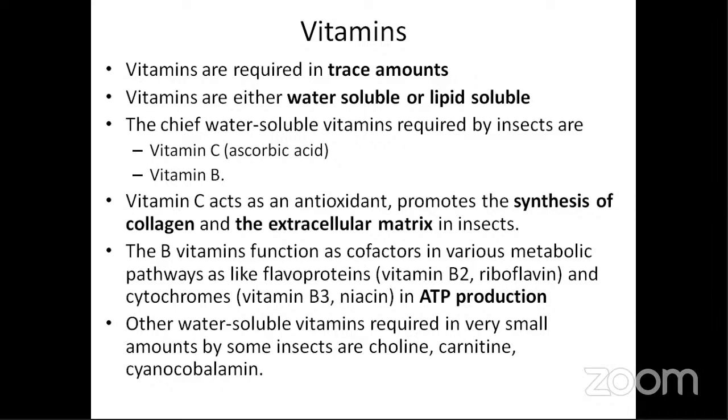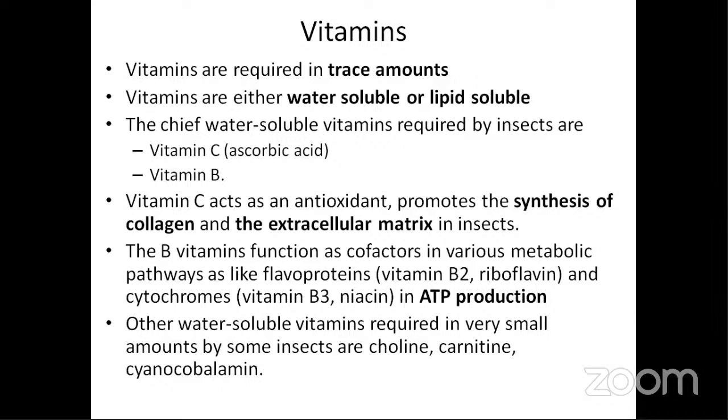So you can see in that electron transport chain, complex 1, complex 2, 3, 4 complexes will be there. After the ATP production through glycolysis and the Krebs cycle, it will be transferred to this electron transport chain. This process will be carried out with the help of vitamin B. And other water soluble vitamins are required in very trace amounts, very small amounts only.